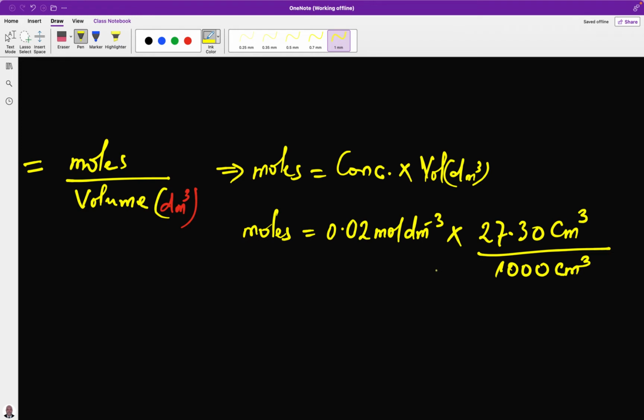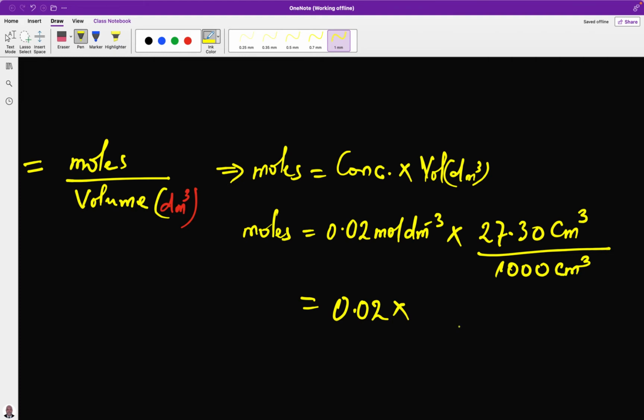So now, if we do that very well, we will be having 0.02 times 27.30 divided by 1,000.